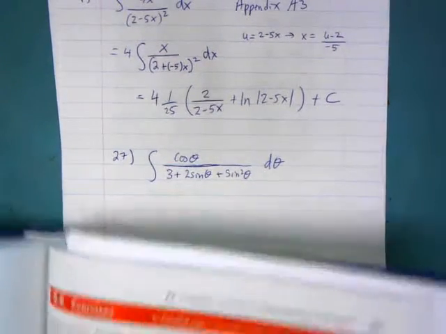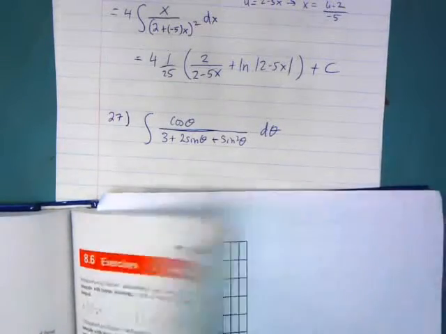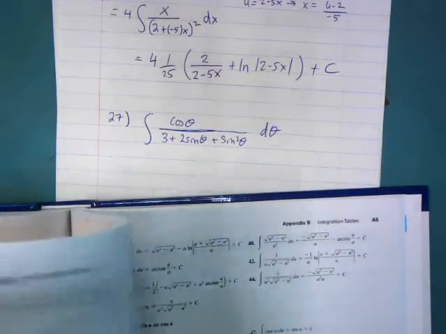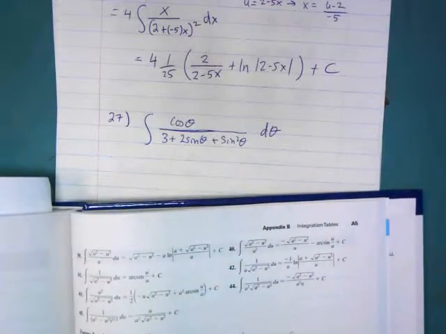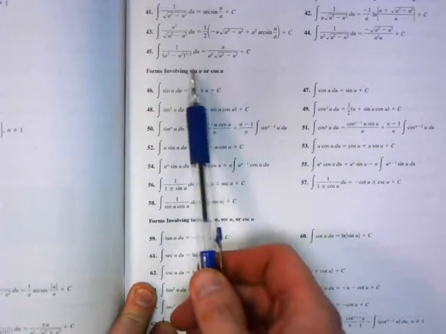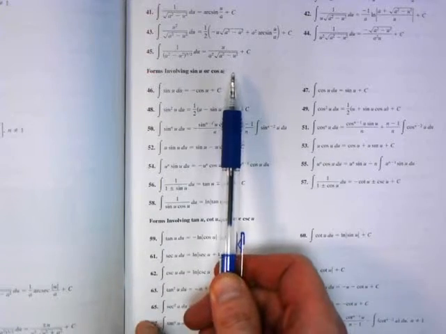All right, so we flip to the back. Then we start looking for a formula that matches. Well, I'm going to start with forms involving sines and cosines. That's, I think, a good place to start. Look for division 1.